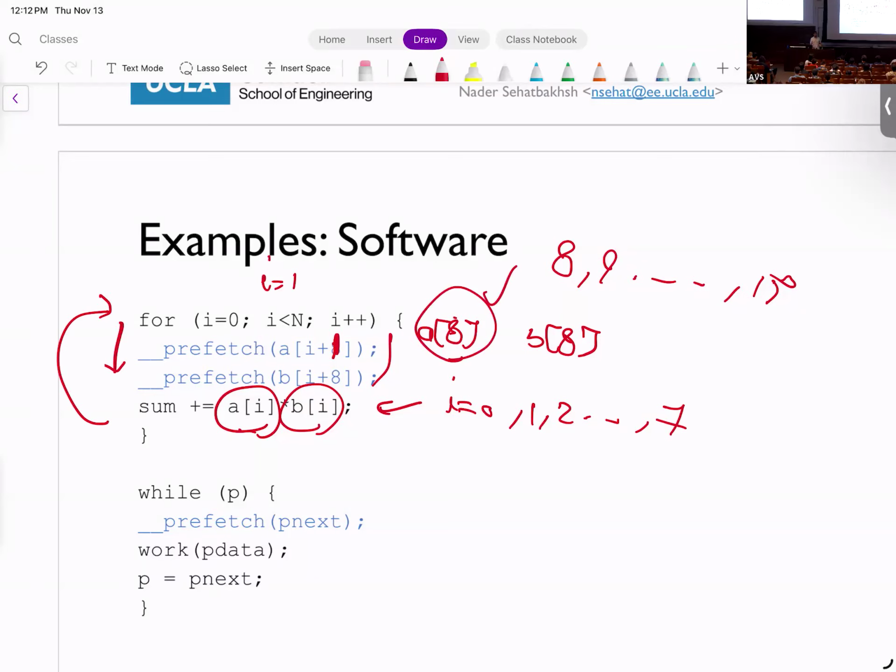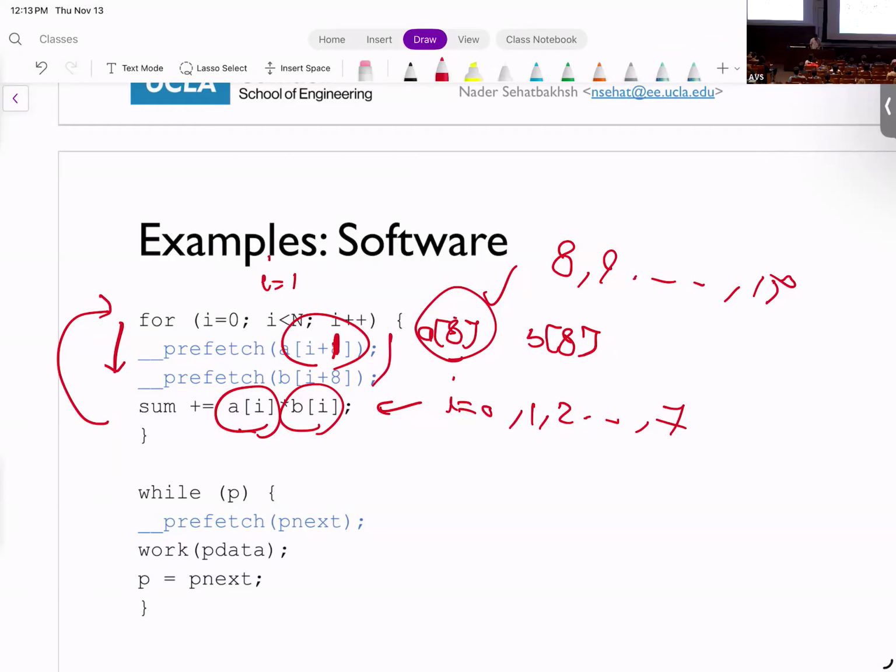So this would be a cache hit. And we're also going to bring in the next sequence, for example I plus 16, and so forth, right? So you are always one step ahead of what you're actually going to read.